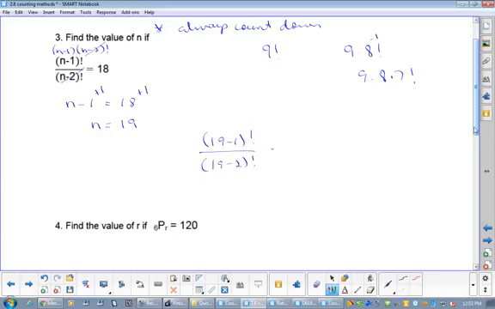Well, that's 18 factorial over 17 factorial. Correct? That's the same thing as 18 times 17 factorial over 17 factorial, because I count down. I'm not going to count down the bottom. I'd have a 16. Well, how am I going to cancel? That crosses and we get 18.